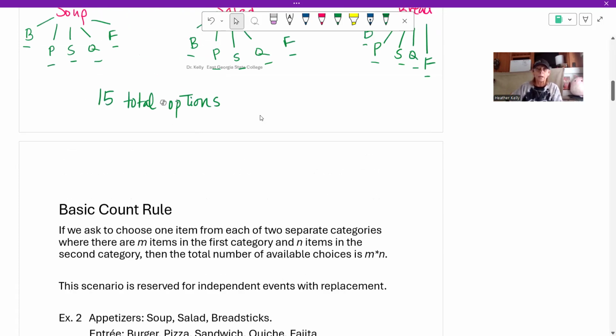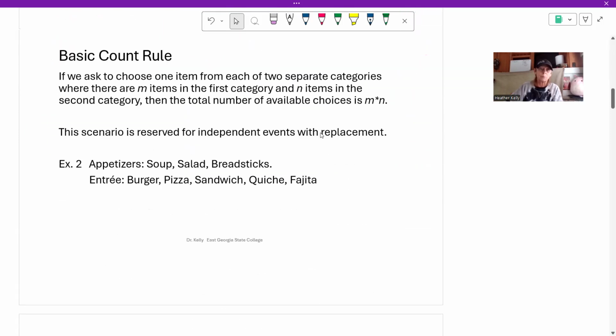So let's look at the scenario that we just did. Now, keep in mind that this is basically without replacement, meaning that it's an unlimited number of soup we can choose from, an unlimited number of salad, and an unlimited number of breadsticks.